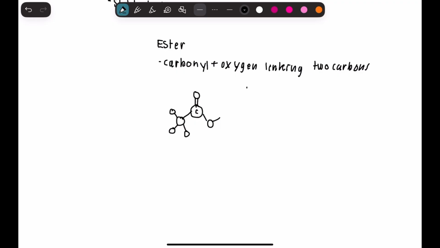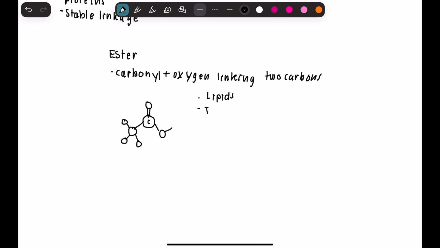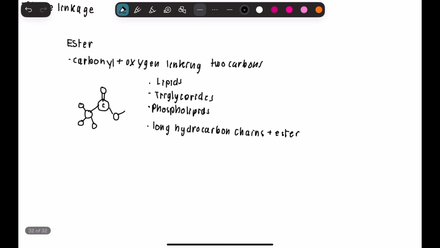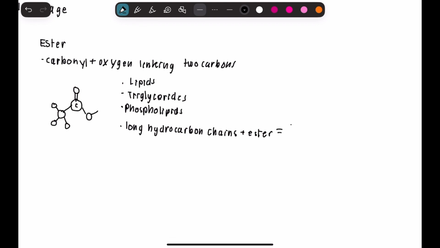Now, it's usually found in lipids, triglycerides, and in phospholipids. Remember, if you have a long hydrocarbon chain plus ester, that's going to equal a lipid.